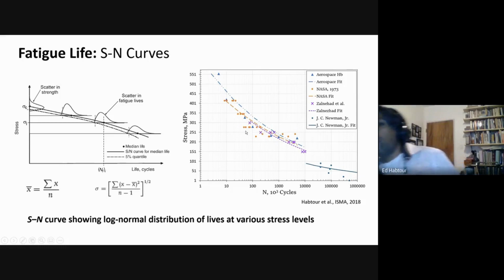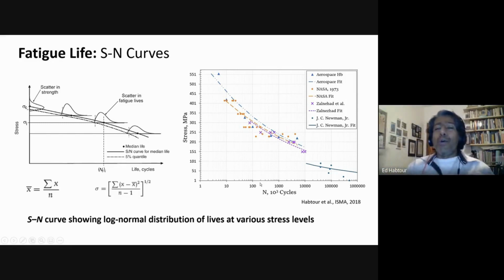For example, here, taken from the NASA handbook, they have a failure at about 40,000 cycles, and it came from the same lot. And then here, they have another point around 200,000 cycles. So what do you do when you have a variation in the material like this? It becomes really difficult.